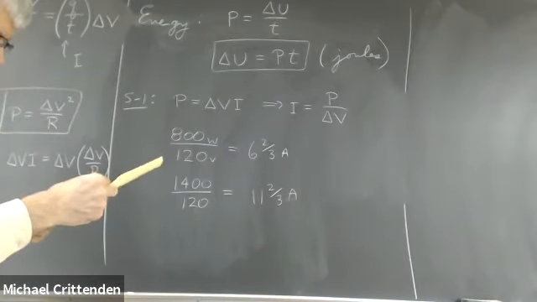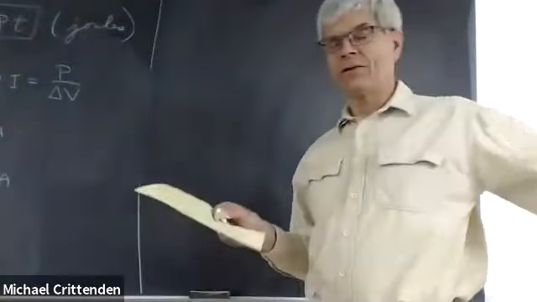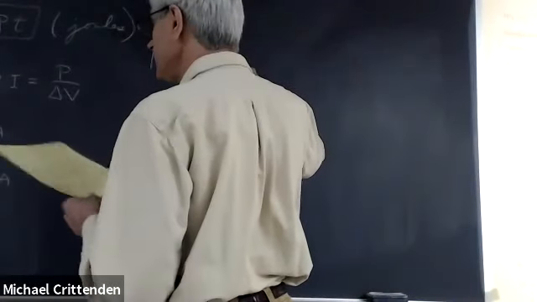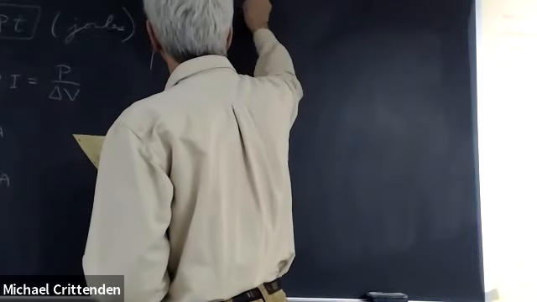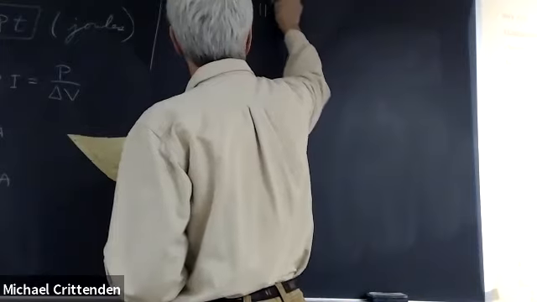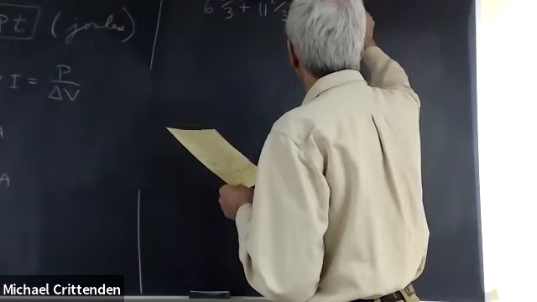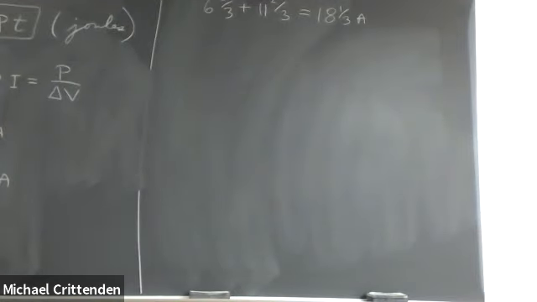But the total current, assuming you're not also running anything else on the same circuit, you don't have the television, which is hopefully on a different circuit somewhere. These are the only 2 things on that particular circuit breaker. 6 2/3 plus 11 2/3 is 18 1/3 amps.